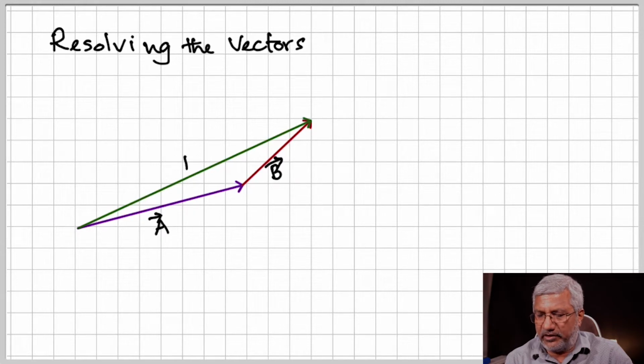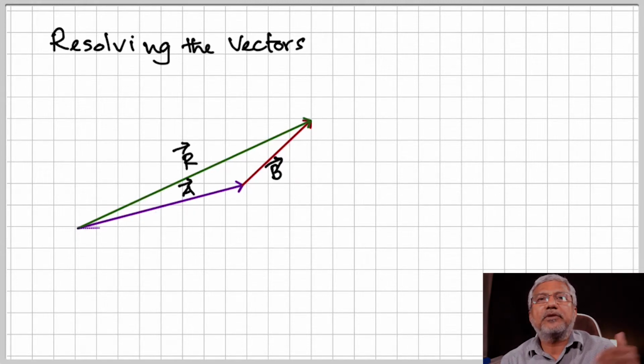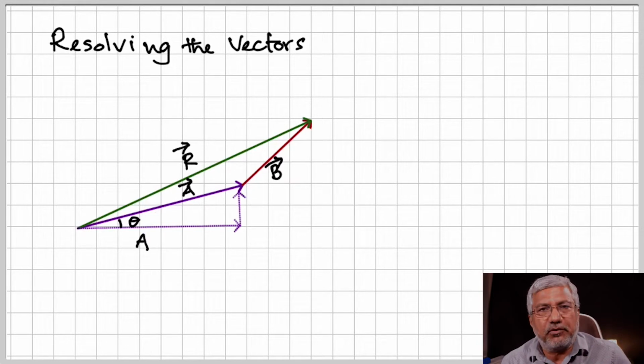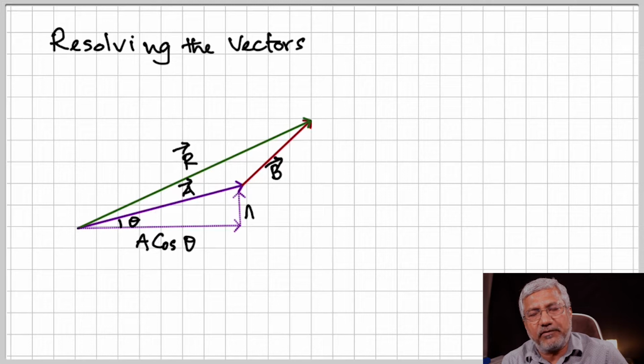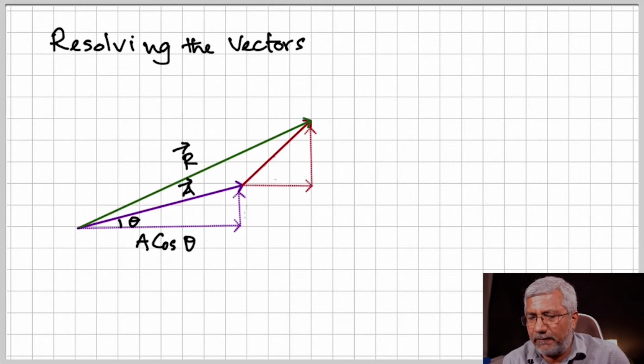And then if you join them, you get the resultant, right? Now, we could also use the component method, where that's the x component, A cosine theta of A, and then you have the y component of A, which is A sine theta.